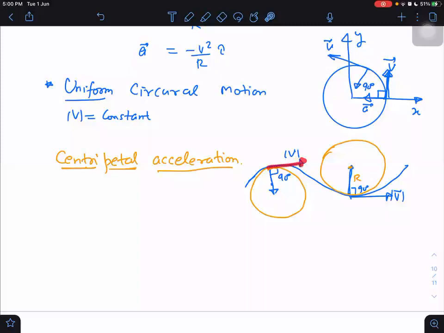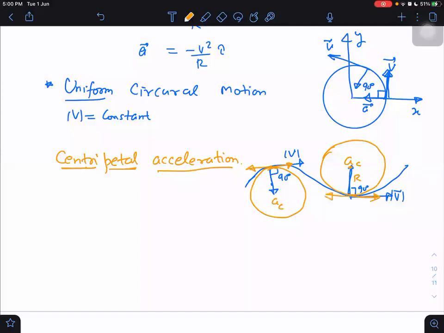But if speed is changing, then other than this centripetal acceleration, let us call it AC towards center, there will be one additional acceleration which will be along the tangent, either parallel to velocity or anti-parallel to velocity.